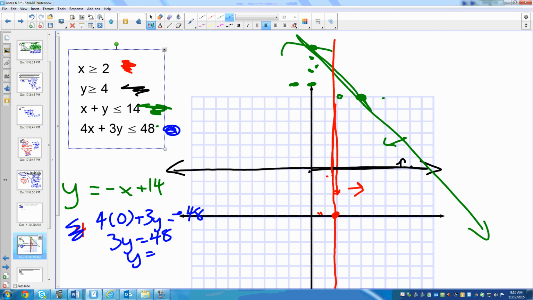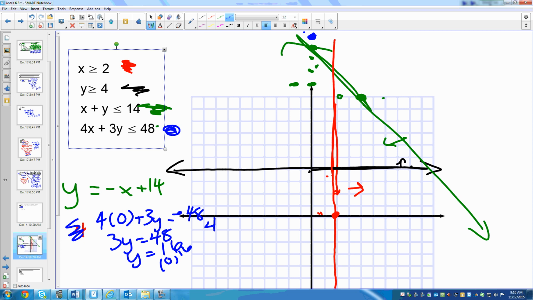13? No. 16, right? Is it 16? So that point is 0, 16. So that's 14, and 16 is even higher. And I'm going to set y to 0.